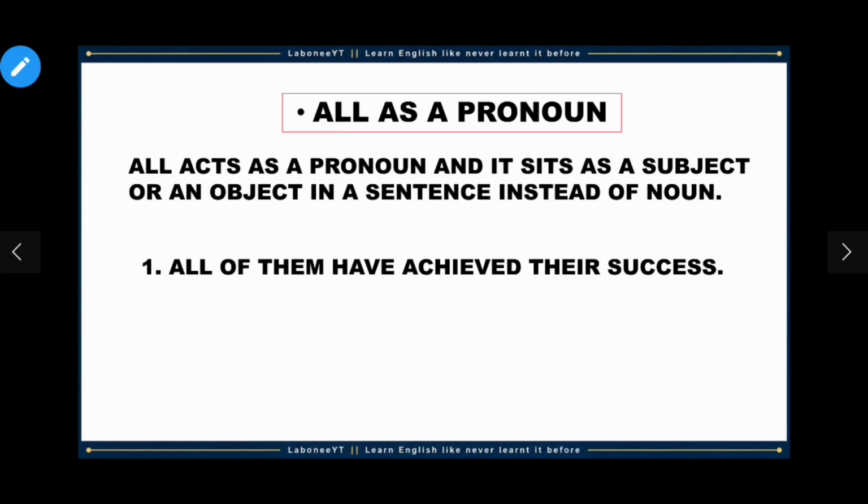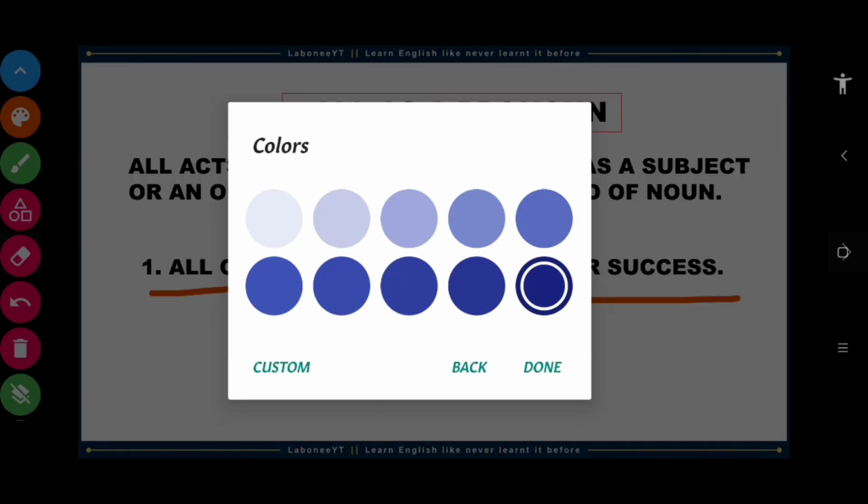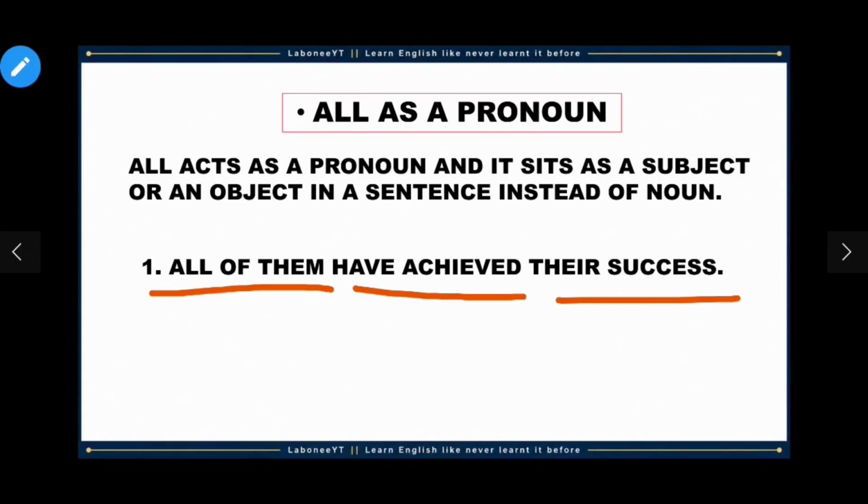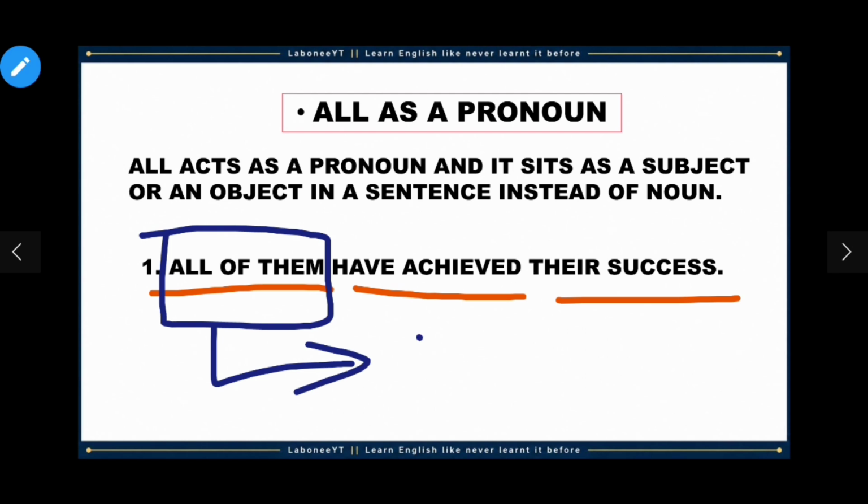If I take this first example, all of them have achieved their success. So in this example, all of them, this group of words, denotes its position as a pronoun, and we have used them as a subject in the pronoun position.